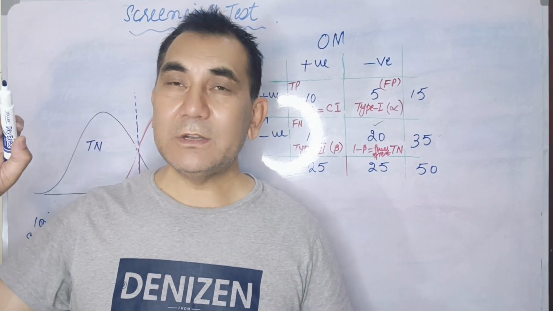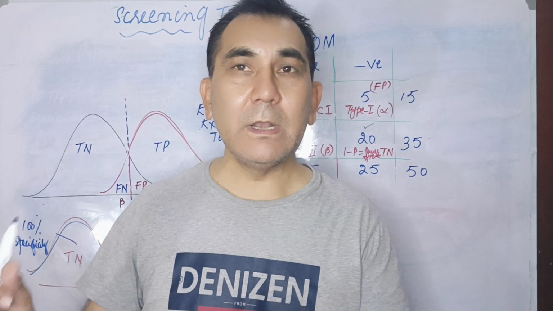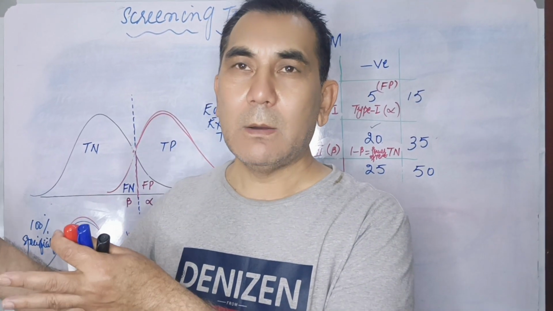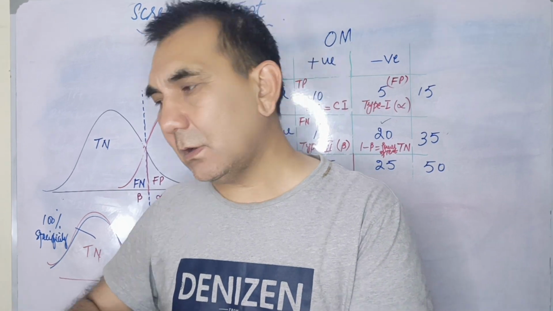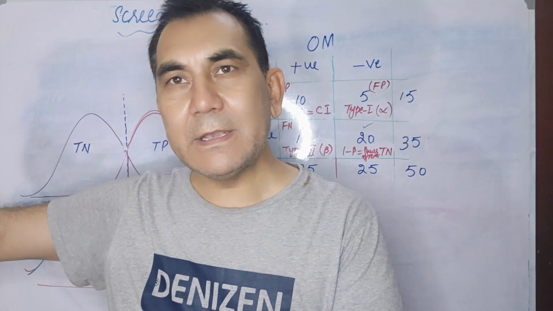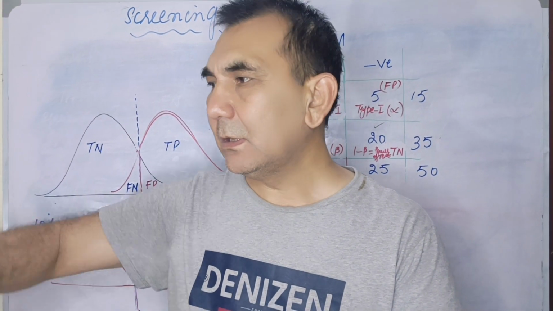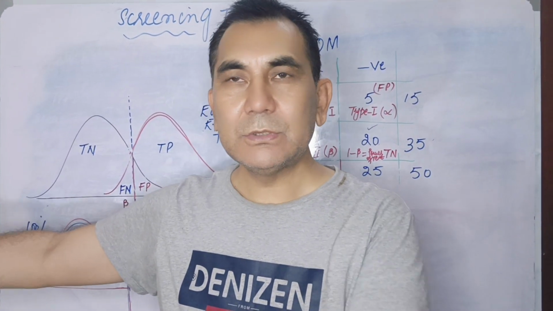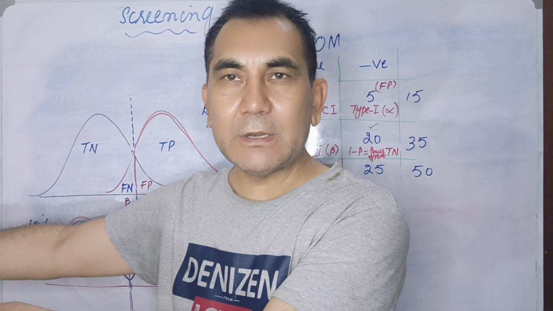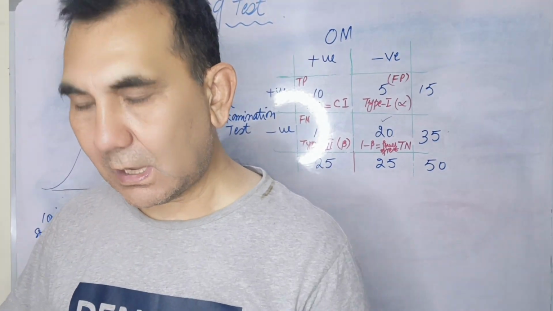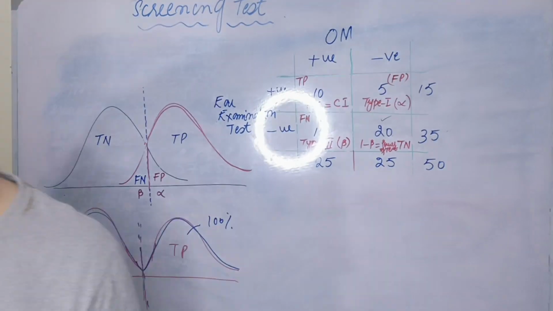It means it is a very good test which will identify 99% of the people among the population, differentiate them from the healthy people and tell you that this group of people, 99% of this group, have the disease and are at high risk.